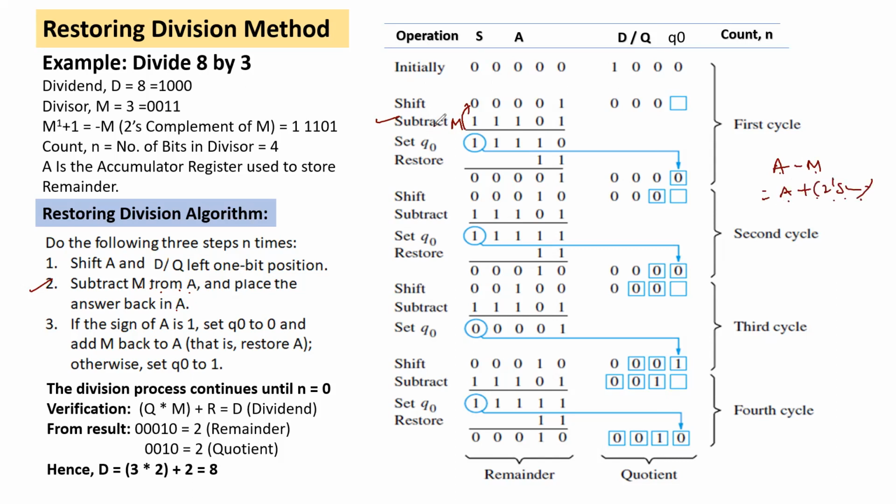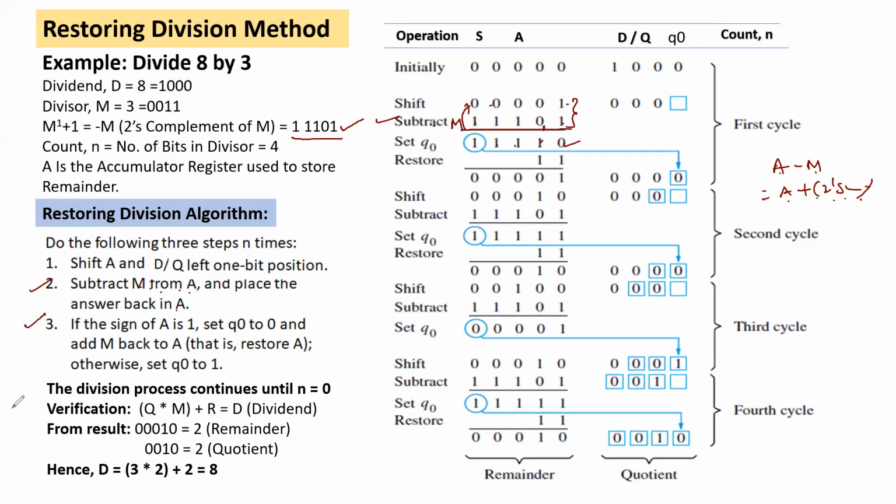Of course it is a subtraction operation, but here the accumulator value is added with the 2's complemented value of m only. These 2's complemented values of m are already available, so we use them. Just add 1, 1, 0 with carry 1, 1, 1, 1, 1. Now you should check the value of the sign bit. So the second step is completed.